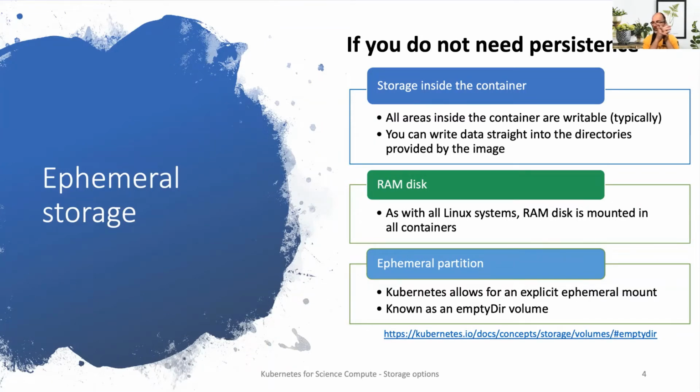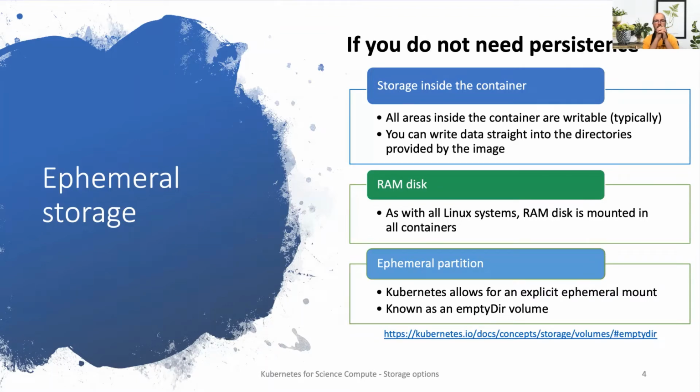It's ephemeral, which means next time you start the pod, it will not be there anymore, but you can do that. You also have the RAM disk. I think it's /mnt/shared or something like that, where you can write. It's available typically everywhere. But you can also have an explicit ephemeral partition if you want.